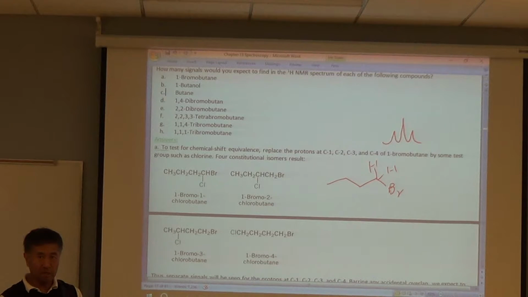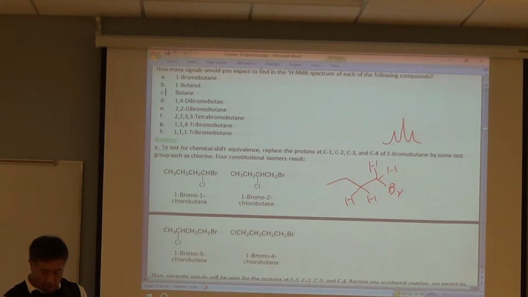How do you get that triplet? If you have a triplet, that means at three chemical bonds away you should have two same H. Sometimes maybe two chemical bonds, okay? But usually three chemical bonds away, those kinds of H can split the signal.